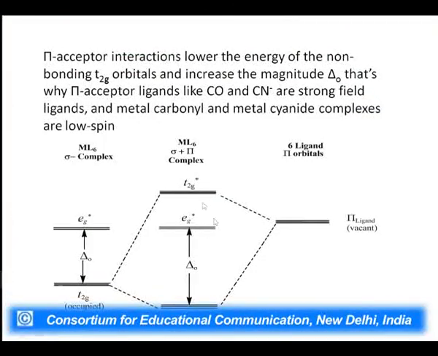Now, in this situation, as I started considering the pi interaction, with stronger pi interaction from the metal to the ligand, that means the electron is getting transferred from metal to the ligand, the delta O value has increased.